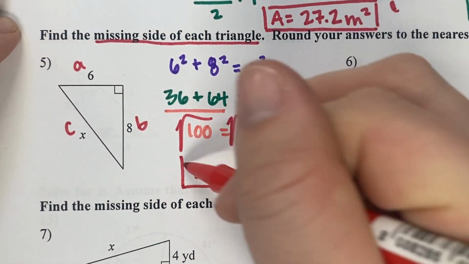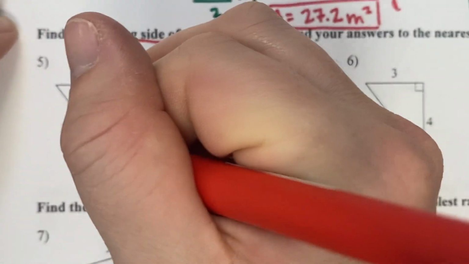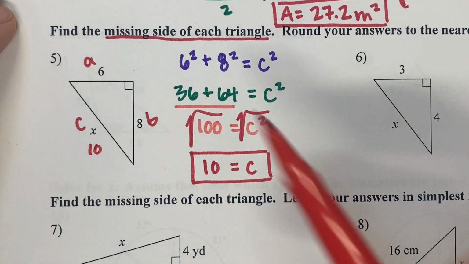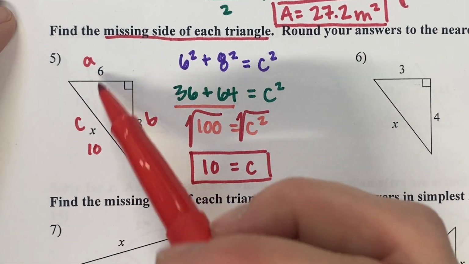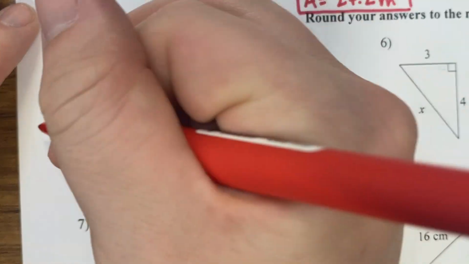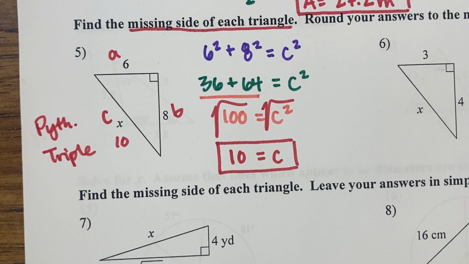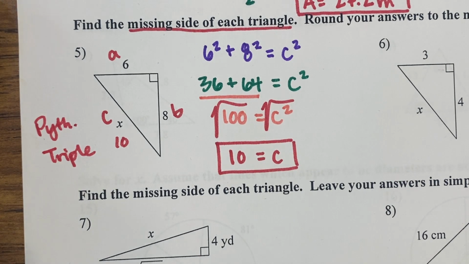So we know that that side is 10. And remember, when we have nice, pretty whole numbers on all three sides of our triangle, fun fact, it's called a Pythagorean triple. Beautiful.